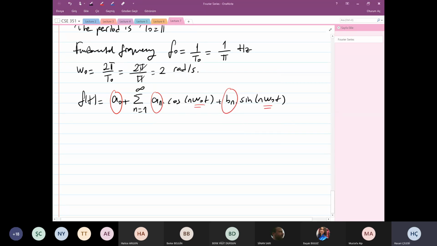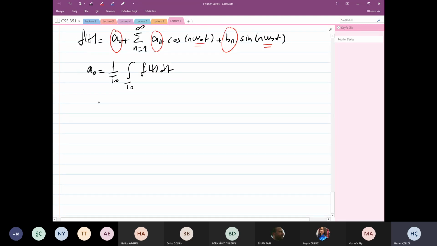Let's use this equation. For a0, a0 is equal to 1 over T0 integration over T0 of f of t times dt, which is going to be equal to 1 over pi, from 0 to 1 period pi.